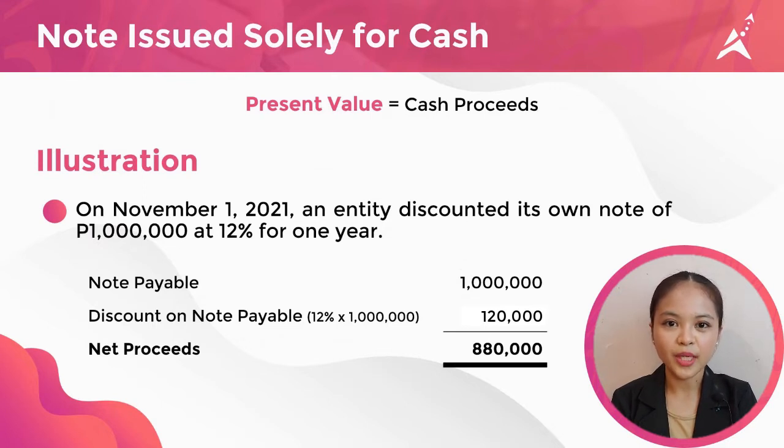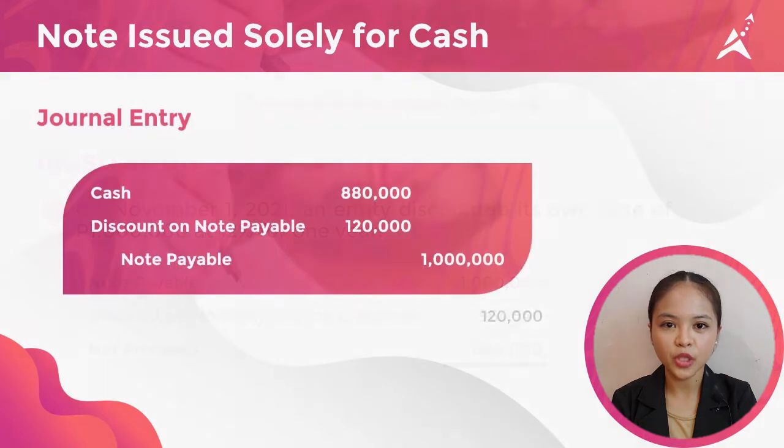Now that we have the present value, let us prepare the journal entry. First, we will debit cash for 880,000 pesos, which is at present value. We will also debit the discount on note payable amounting to 120,000 pesos. Lastly, we will credit note payable for 1 million pesos.